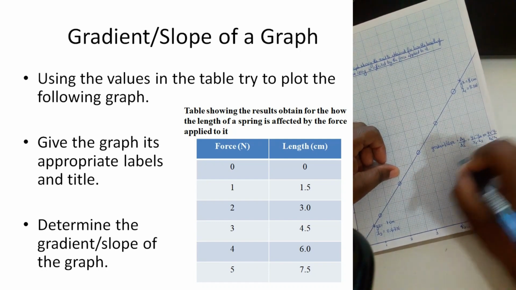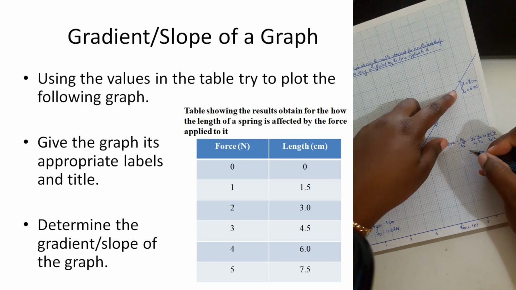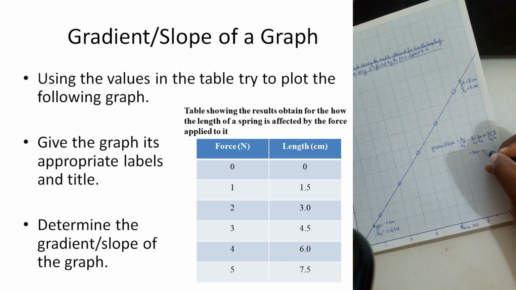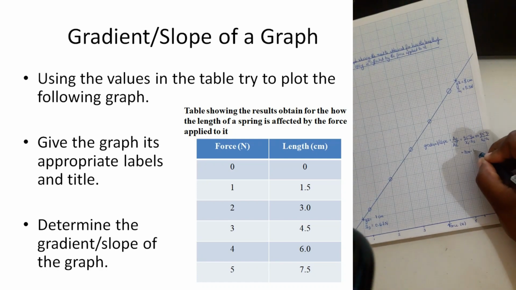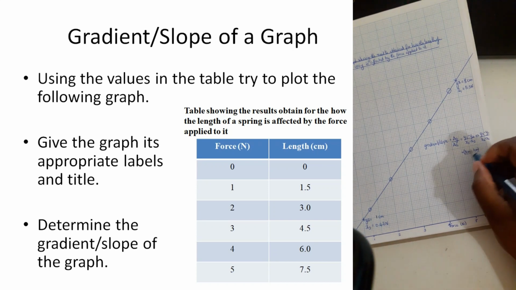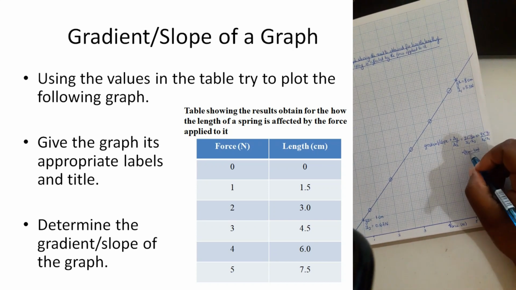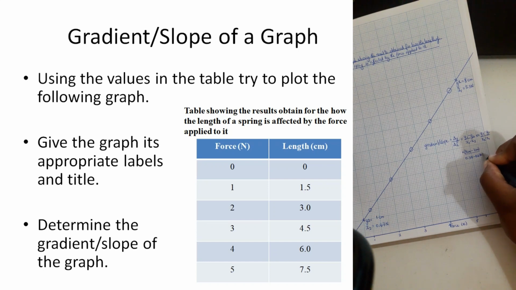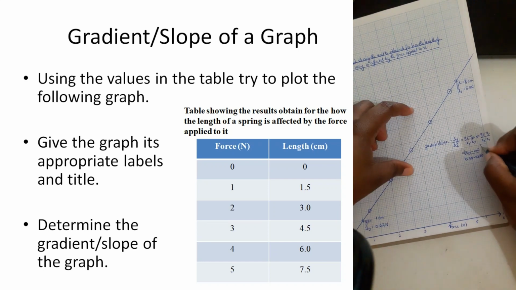So let's start with y1 is 8 centimeters and y2 is 1 centimeter, and you put it in brackets in your calculator. And then x1 is 5.3 newtons, while x2 is 0.67 newtons, brackets.